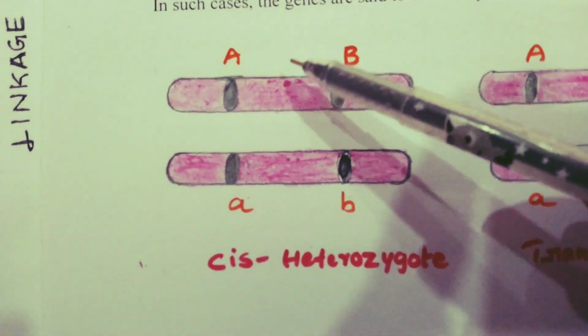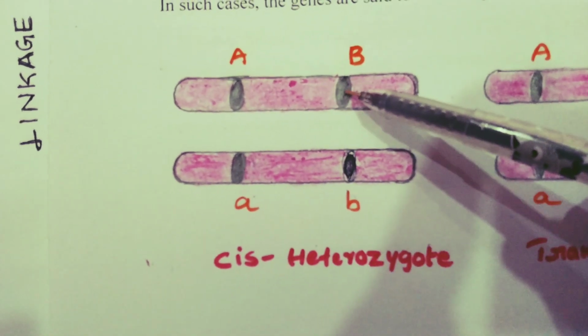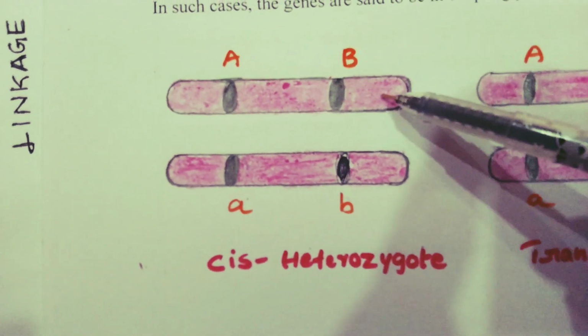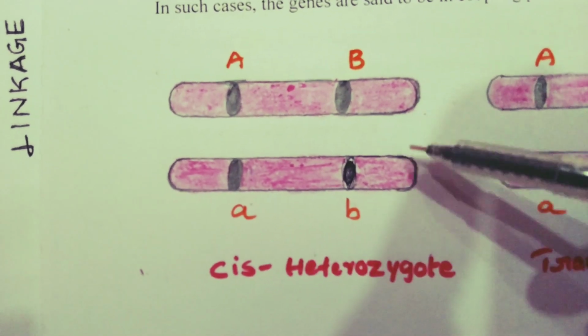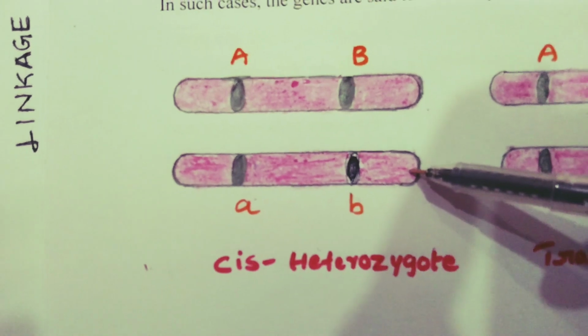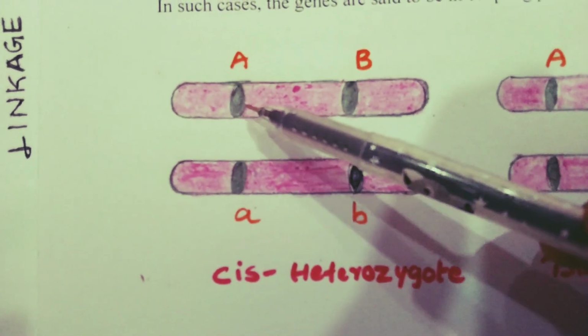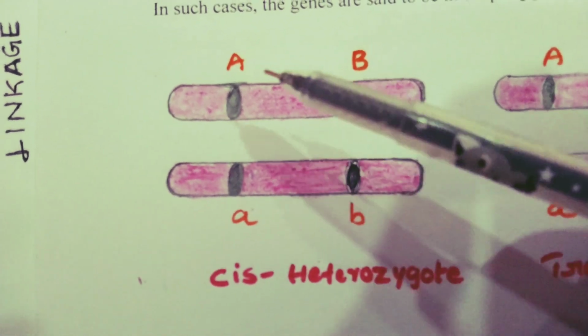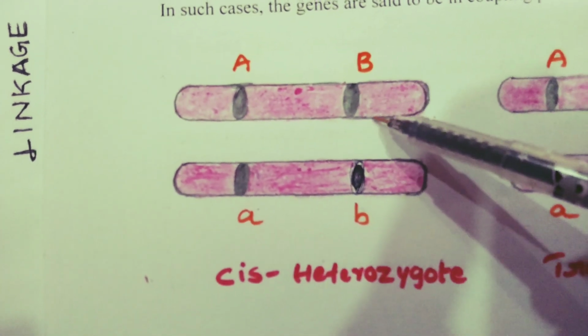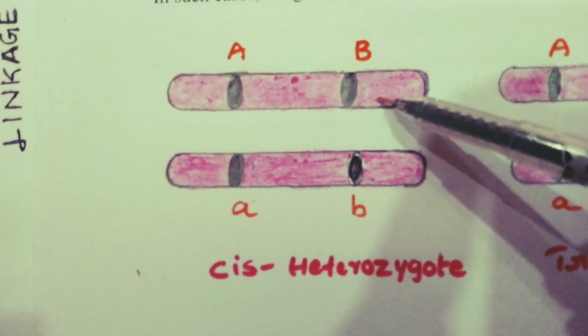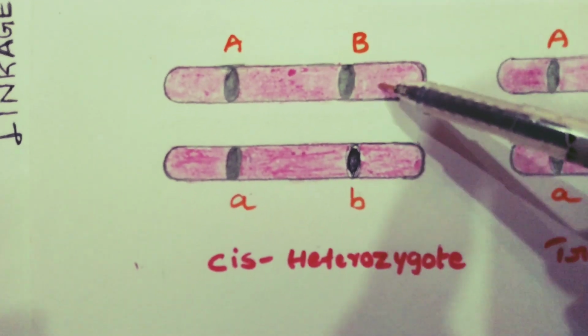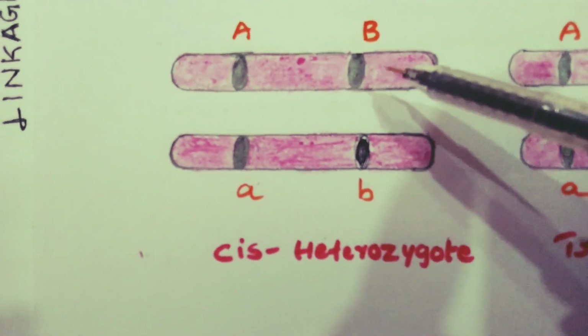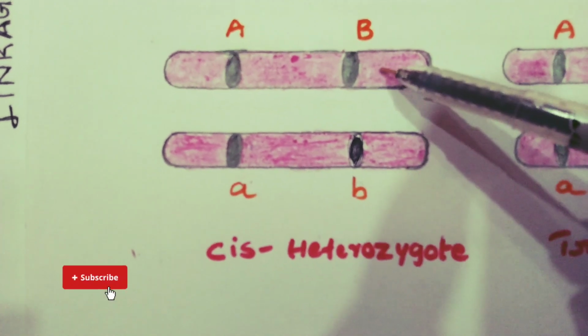Because two dominant genes are located in one homologous chromosome. These two are the homologous chromosomes. This is the location of that particular gene, and this is also the location of that particular gene. Two dominant genes are located on the same chromosome. That is called cis configuration, cis arrangement or cis heterozygote.